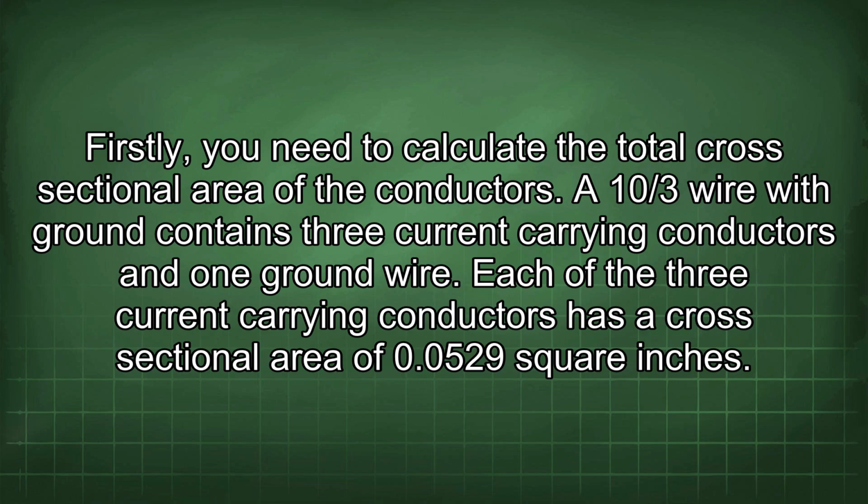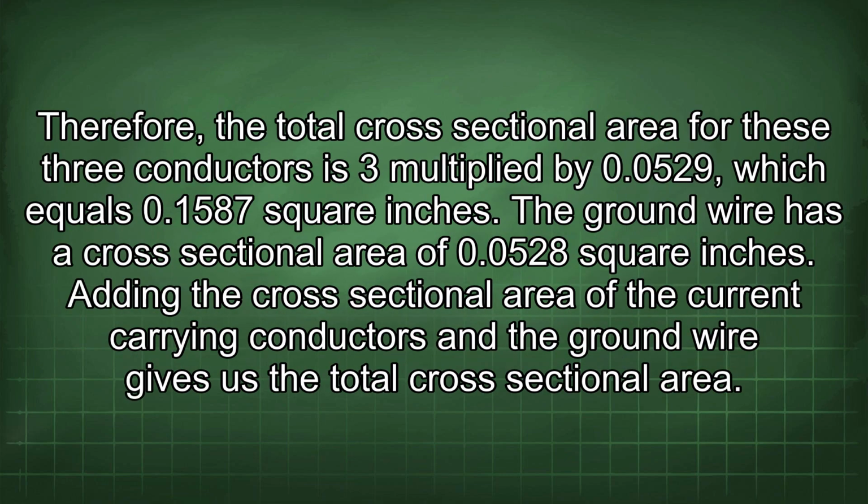Firstly, you need to calculate the total cross-sectional area of the conductors. A 10/3 wire with ground contains 3 current carrying conductors and 1 ground wire. Each of the 3 current carrying conductors has a cross-sectional area of 0.529 square inches. Therefore, the total cross-sectional area for these 3 conductors is 3 multiplied by 0.529, which equals 0.1587 square inches.